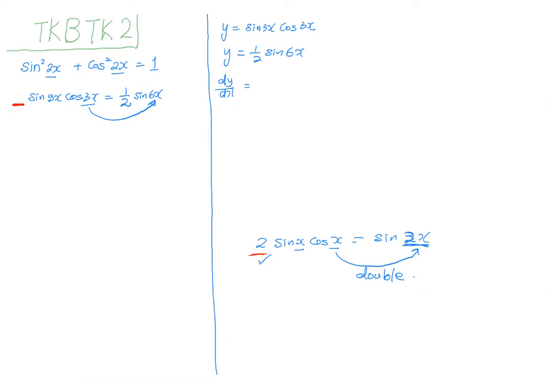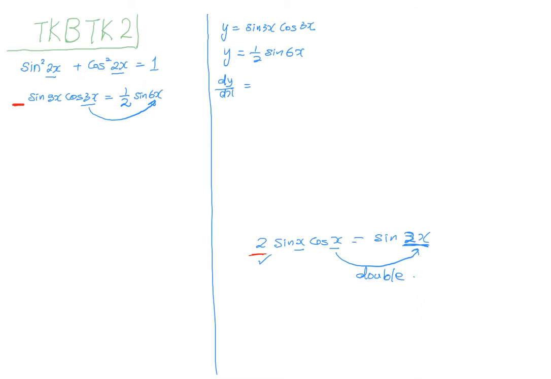Can someone tell me what is dy dx for this? Junjae? 1/2 and then negative cos, is it? Are you sure? No. 1/2.